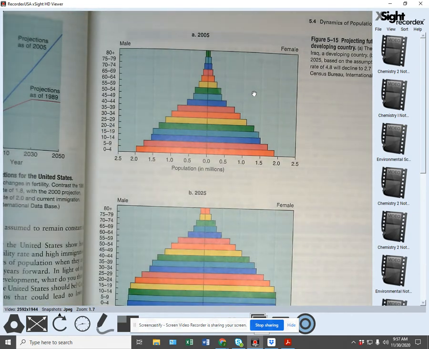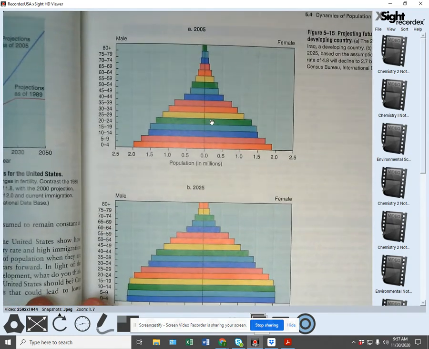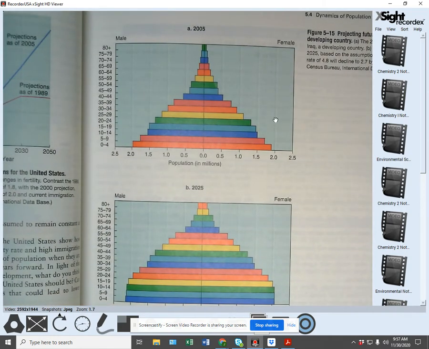I'm assuming it probably still would be. Look at their population projection. Where's the largest percentage of their population? Well, it's super young, infants and young children. That's the biggest. So their population is growing rapidly, and you get this sort of triangle-type shape.